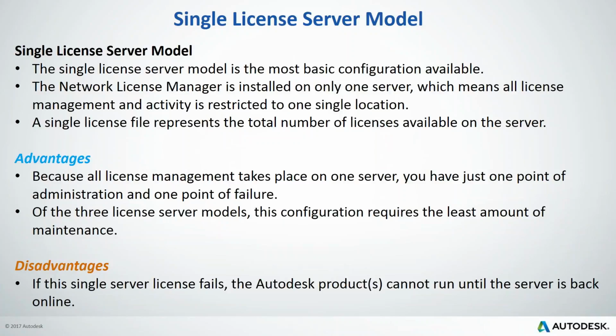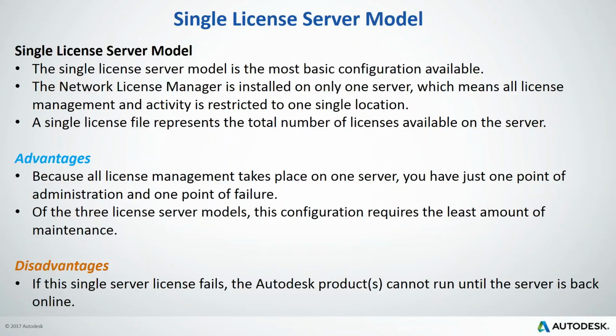The single license server model is the most basic configuration available. The network license manager is installed on only one server, which means all the license management and activity is restricted to one single location. A single license file represents the total number of licenses available on the server, so even if you have hundreds, you can put them in that one license file.